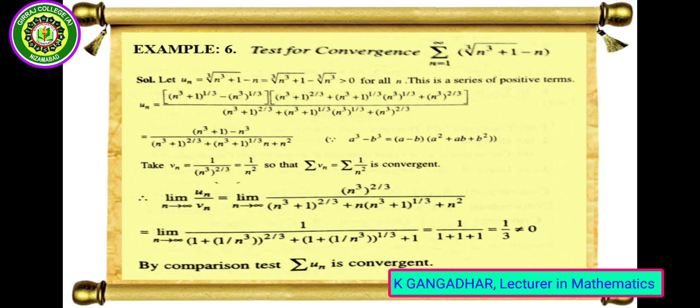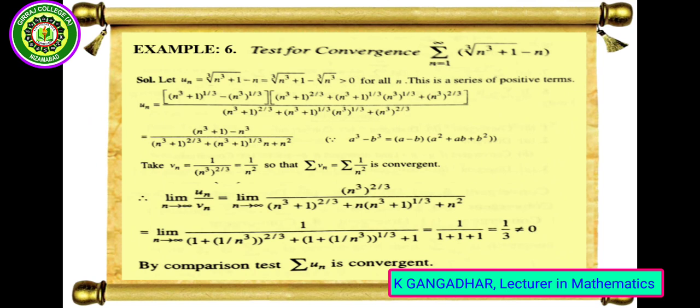So here Un value, we rationalize. How do we rationalize? Here a power 1 by 3 minus b power 1 by 3 form is there. So we know the a cube minus b cube formula: a cube minus b cube equals a minus b into a square plus ab plus b square.